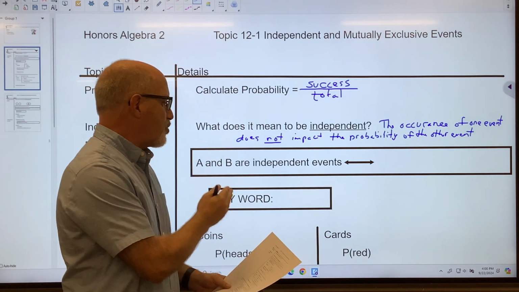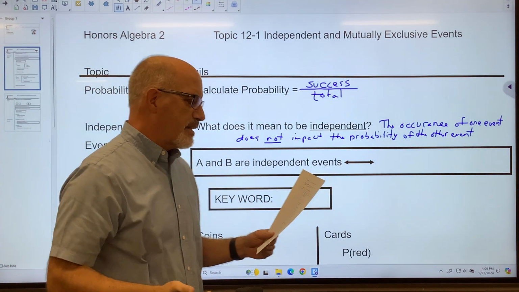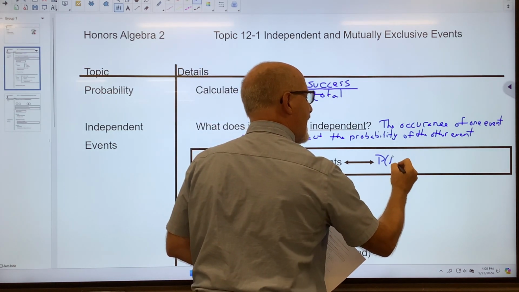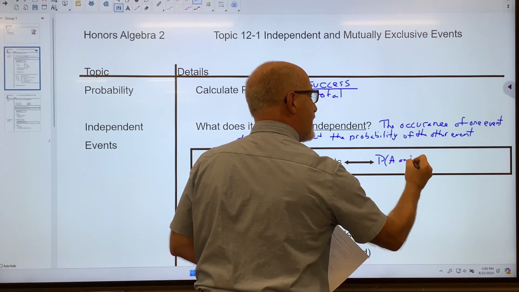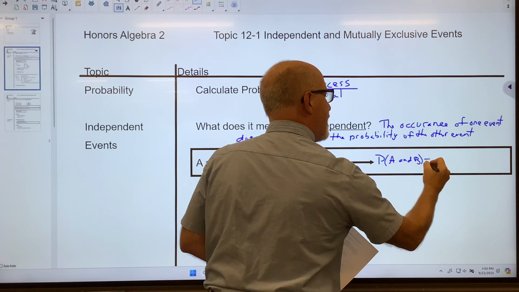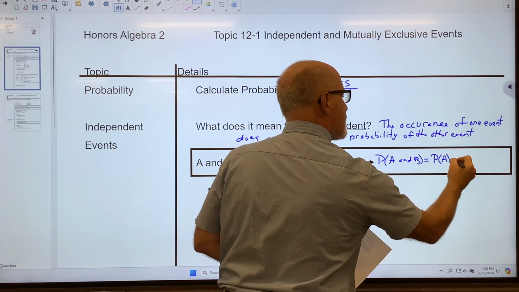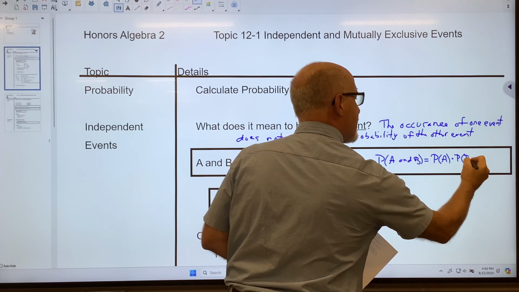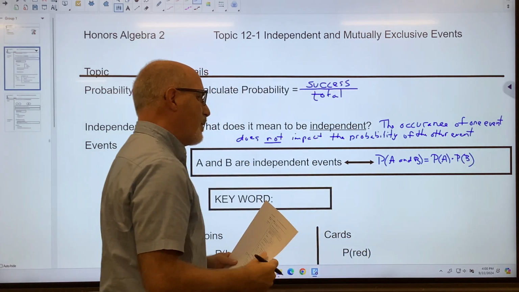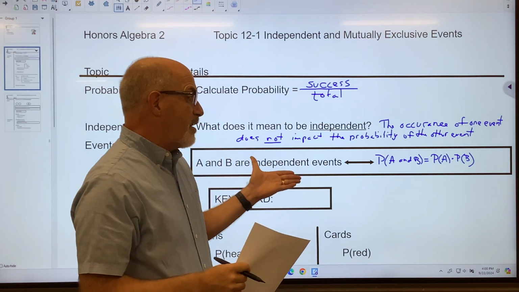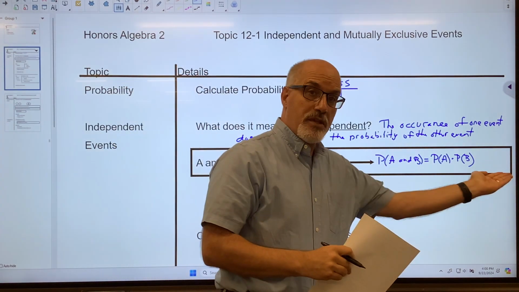So if that's true, A and B are independent events if the probability of A and B equals the probability of A times the probability of B. So what this means, remember what this arrow means, is that if A and B are independent events, then this formula is true.